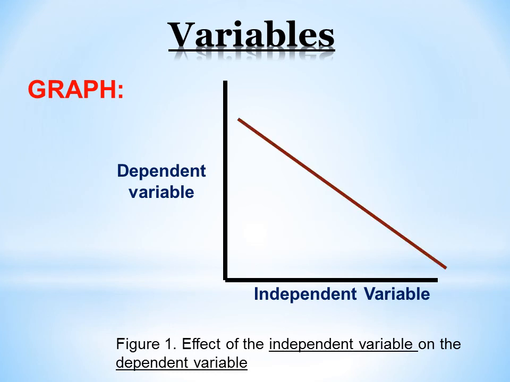How about this? As you increase the value of the independent variable, the value of the dependent variable decreases. Thus, we call this relationship as inversely proportional. Take note, there is no such thing as indirectly proportional.